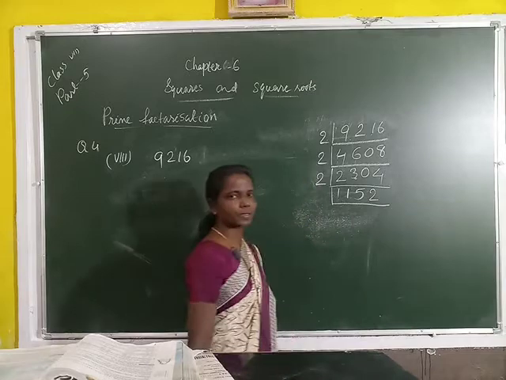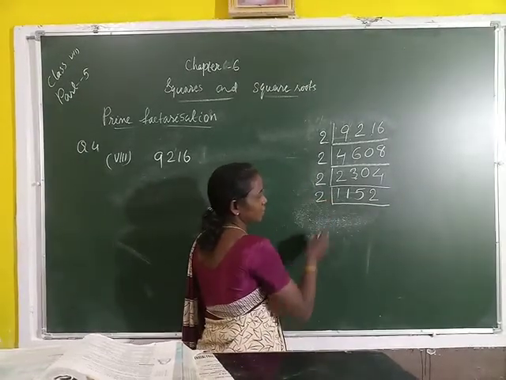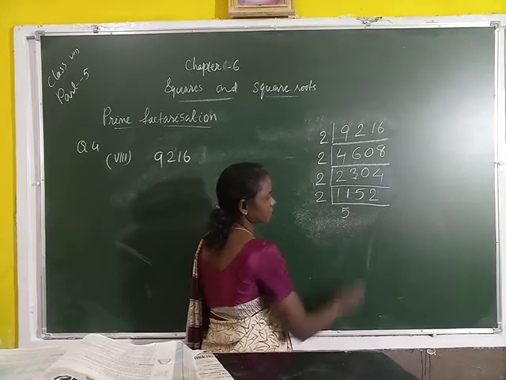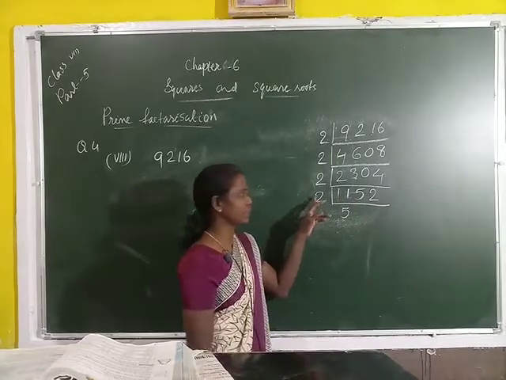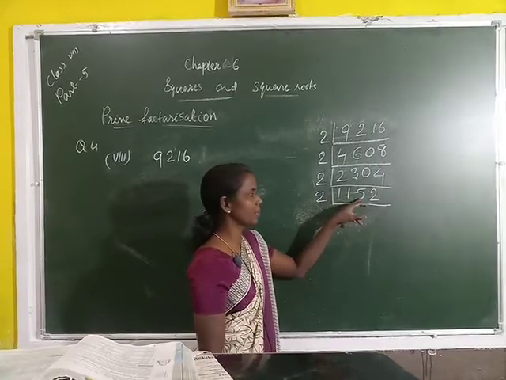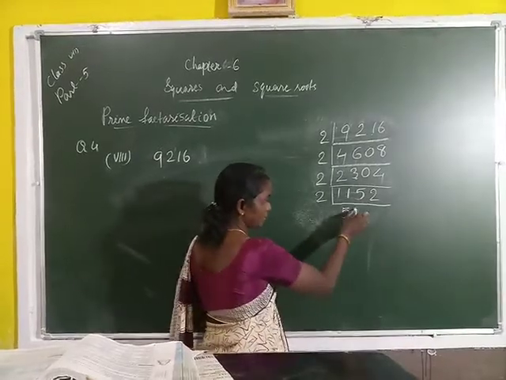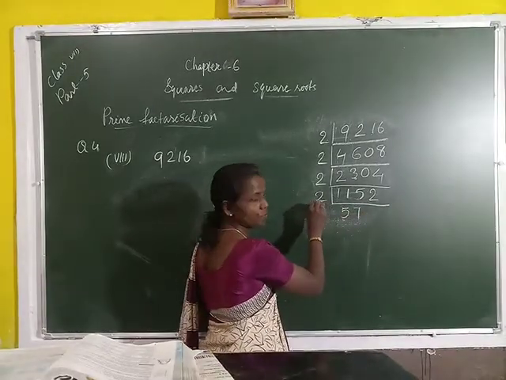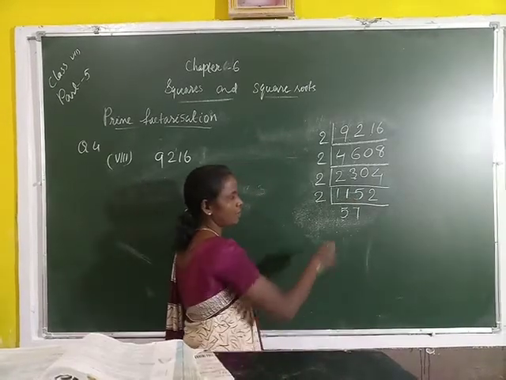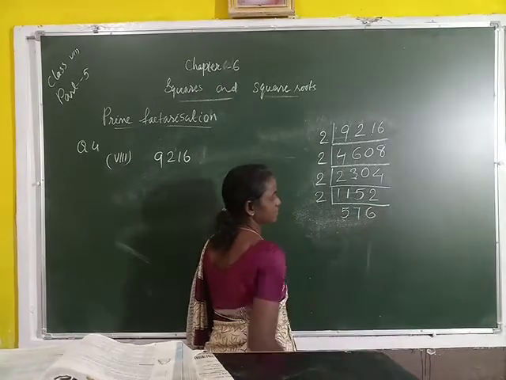Then this number is again divided by 2. How many times? 5 times. Then 5 twos are 10. Then 11 minus 10 is equal to 1. 1 and 5, 15. In 15, how many times 2? 7. 7 twos are 14. Then 15 minus 14 is 1. 1 and 2, 12. In 12, how many times? 6.